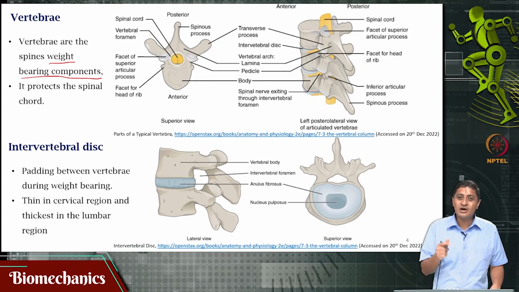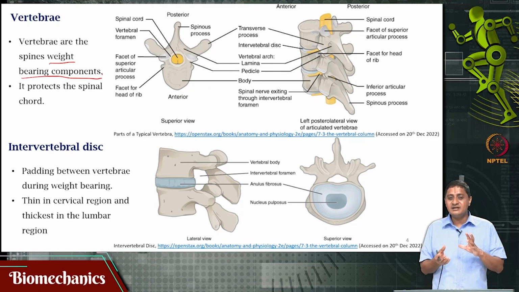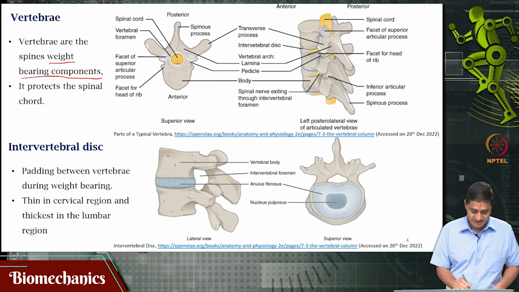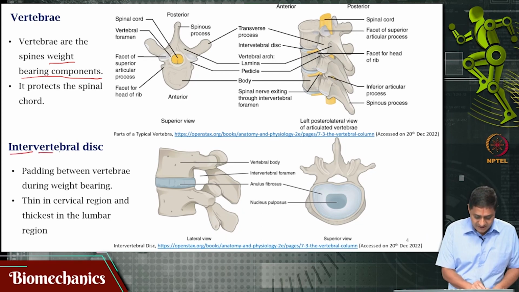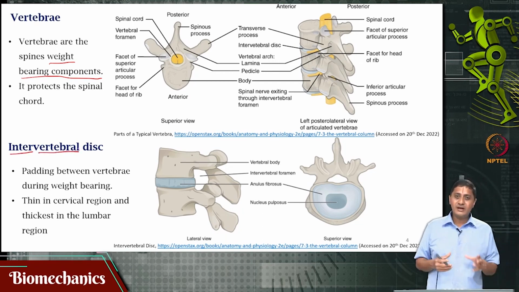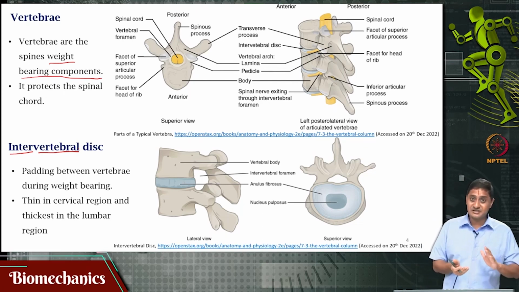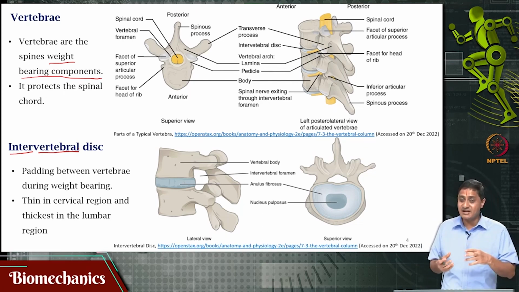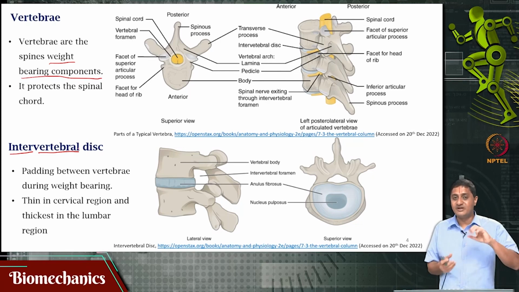It is a fibrocartilaginous supporting pad that is present between two vertebra. Inter means between, intra means within, is it not? Intervertebral disc means this is a pad that is present between two vertebra.